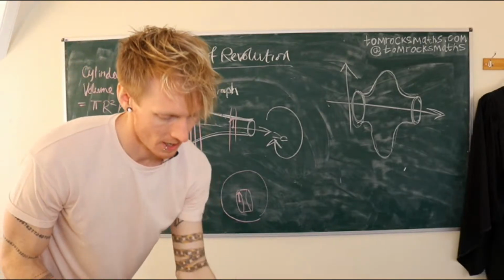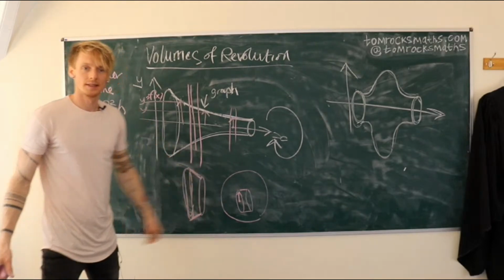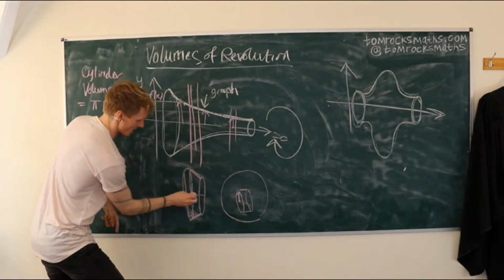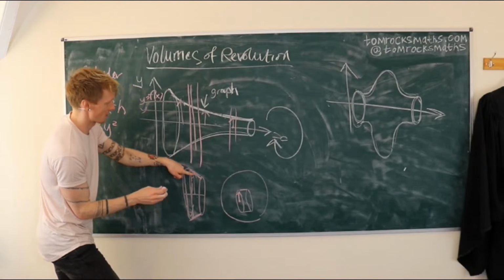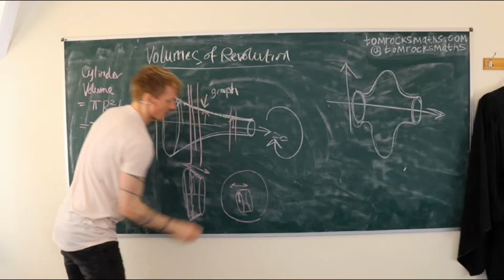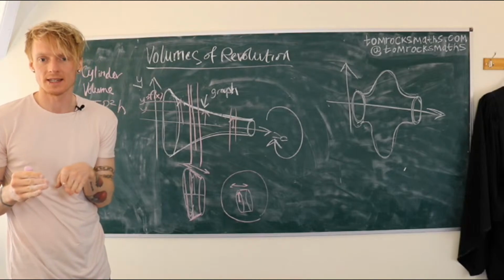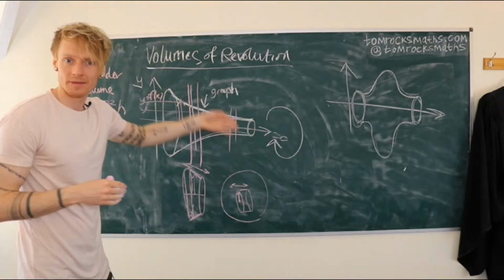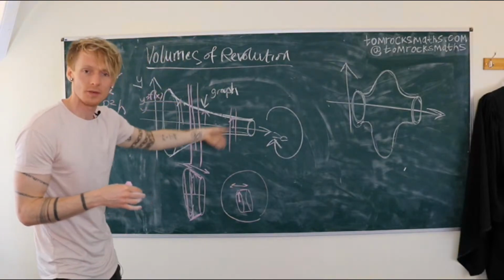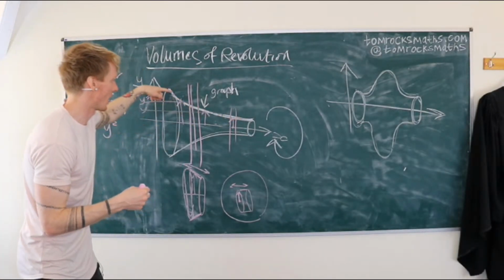Now, the final part is to think about the height. So we've got pi times y squared, where y was the distance up here. And then the height is this little bit here. I mentioned that we're going to take thinner and thinner slices to get a more and more accurate set of cylinders, and then add them all together. Each slice has a different radius, where the radius is just the value of y along the graph.